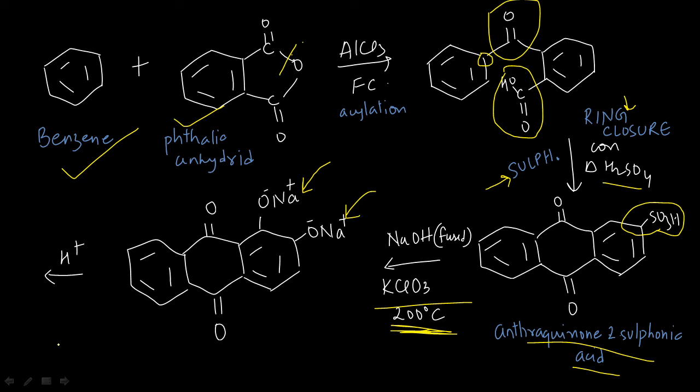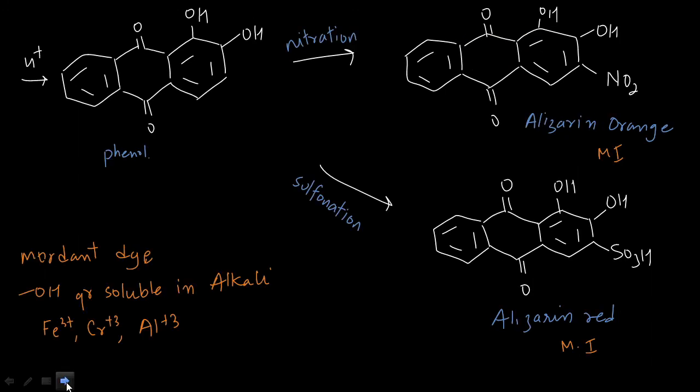Now when you add acid, we have hydroxy groups. So this is a kind of phenol, 1,2-dihydroxyanthraquinone. Now when you do nitration, the substitution occurs at the third position.